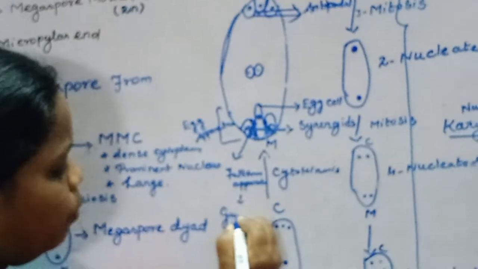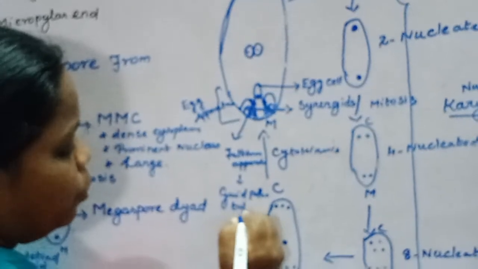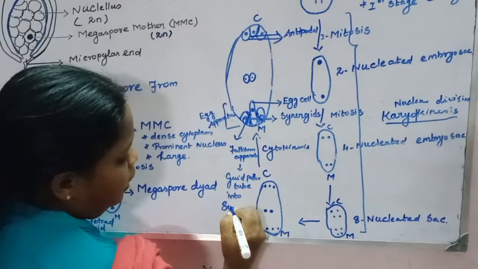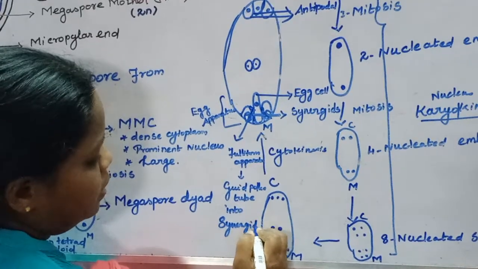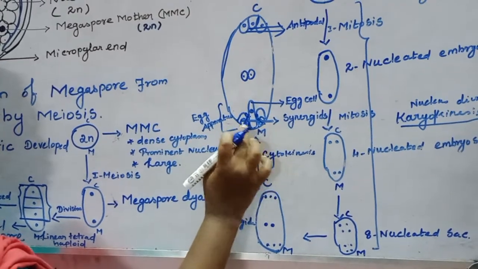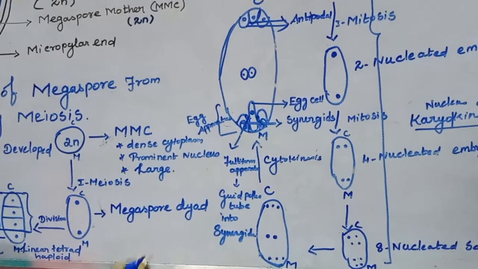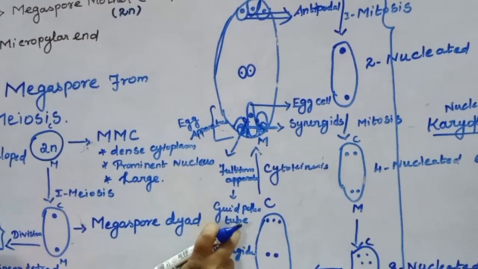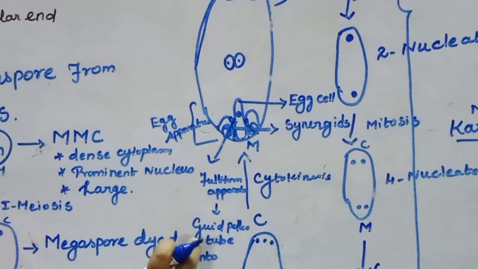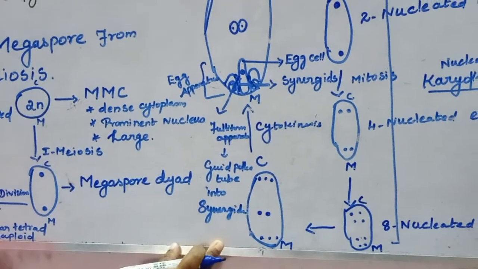It guides the pollen tube into the synergids. See children, near the synergids there is an apparatus called the filiform apparatus. There is a cytoplasmic thickness present in the synergids called the filiform apparatus. This apparatus guides the pollen tube into the synergids during fertilization.